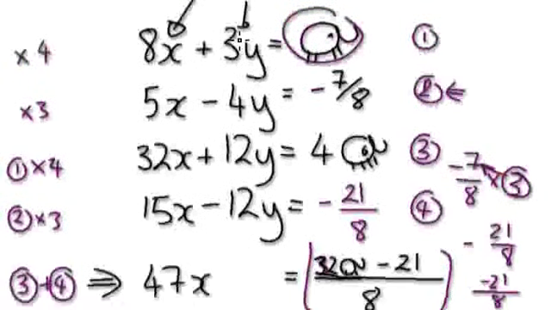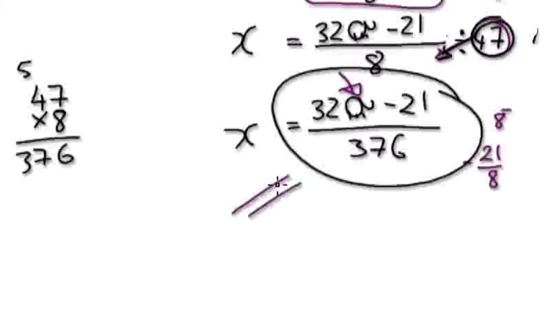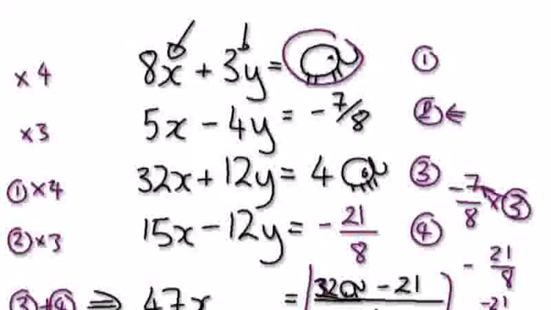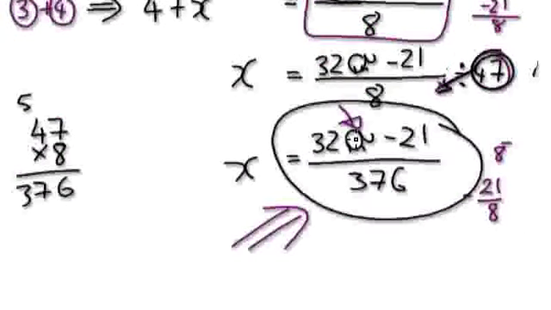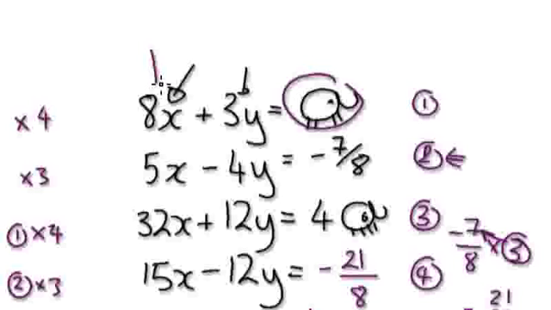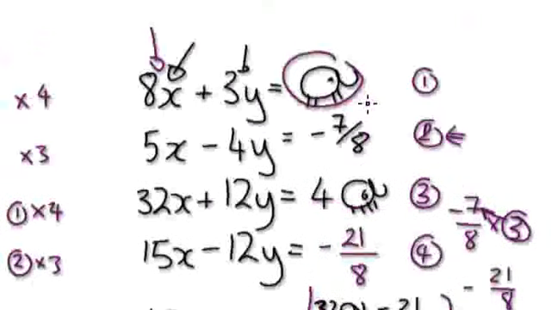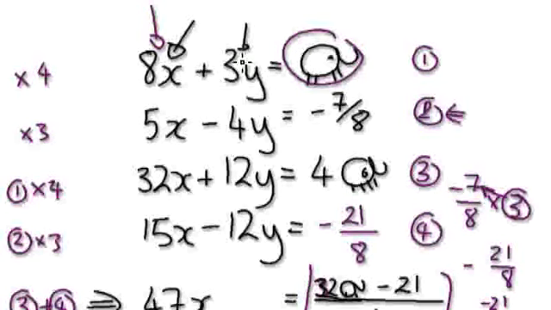But because this thing here is so complicated, normally we would put it back into the x and find out what y would be, but it might be easier to start again and eliminate the x to find out the y.